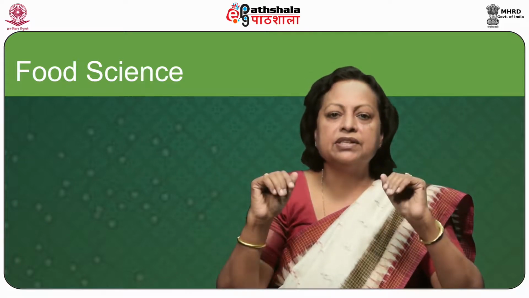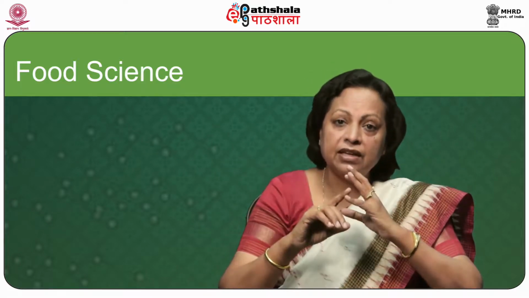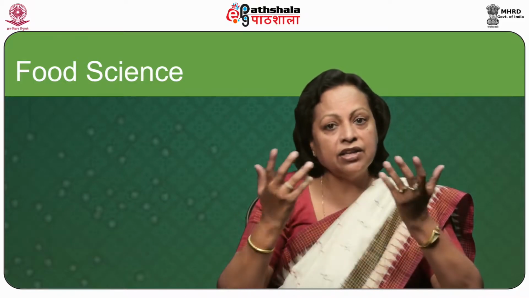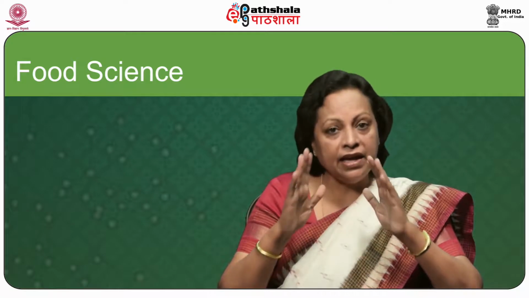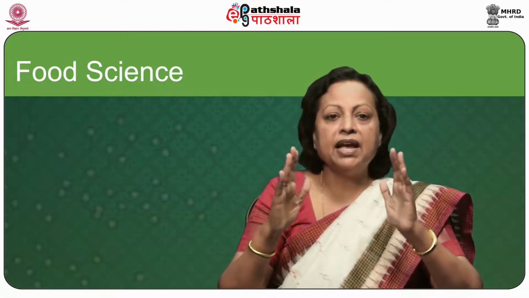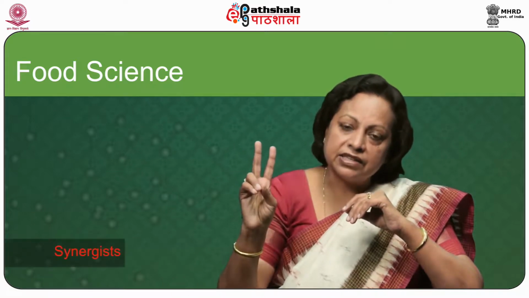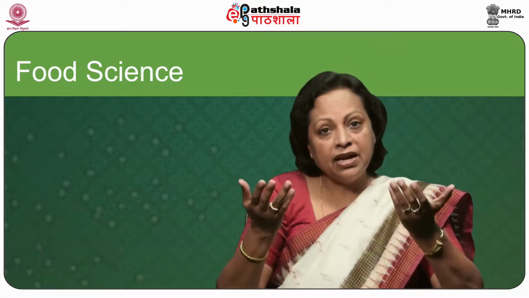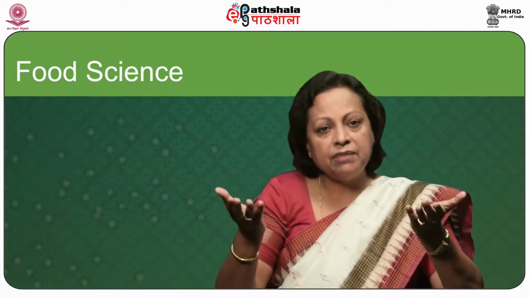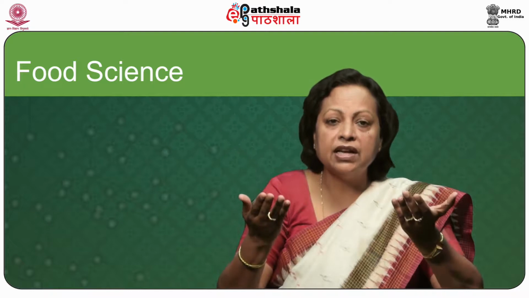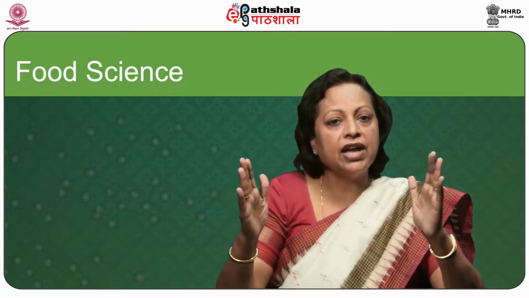Synthetic antioxidants include BHA, BHT, TBHQ, propyl gallate, and ethoxyquin. Again, antioxidants can be categorized as primary antioxidants and synergists. Primary antioxidants operate directly to inhibit autooxidation by donating a hydrogen to the free radical, thus breaking the chain reaction.